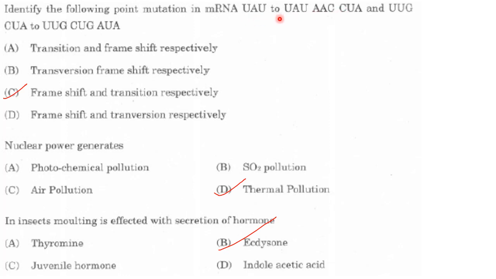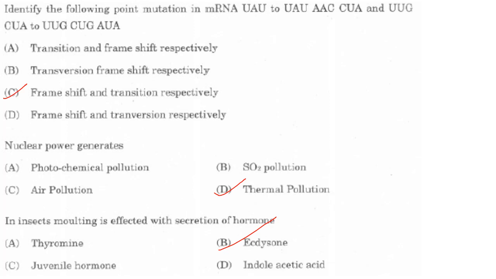So after UAU, two codons have been added, AAC and CUA. So it is a case of frame shift mutation. Whereas here UUG CUA is getting mutated to UUG CUG. So instead of the A here it is a G. And adenine or guanine are purines. So it is a transition mutation where a purine is replaced by another purine. So answer is option C, that is frame shift and transition respectively.